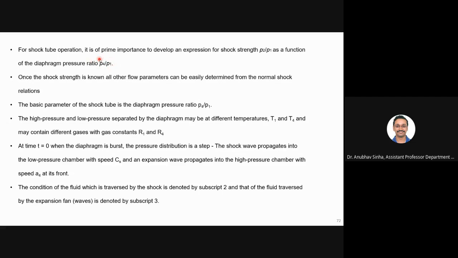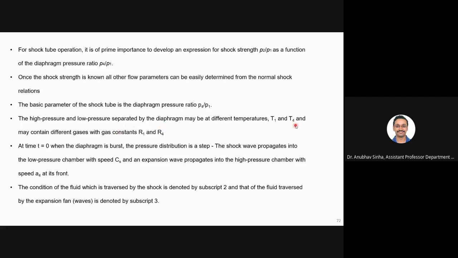We know the initial pressures. That is the diaphragm pressure, and based on that we'll try to find out how much P2 by P1 we can generate. Once we know the shock strength, other parameters can straight away be taken from normal shock relations. That is quite straightforward.